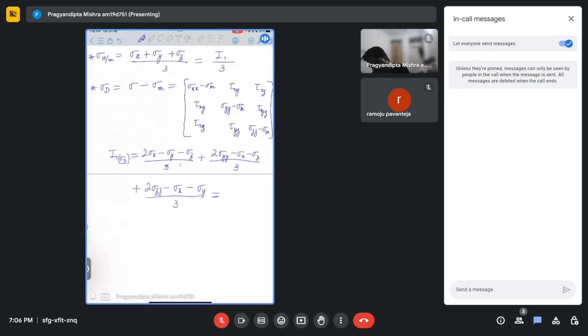So summation of all of this will lead to your I1 being equal to 0. So your deviatoric stress invariant 1 is equal to 0, or your mean stress is equal to 0. That is something that you can remember.